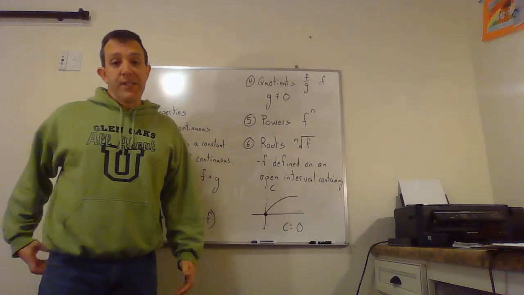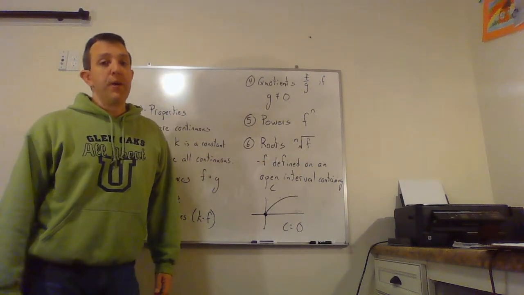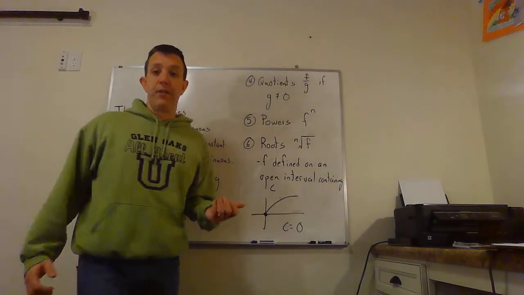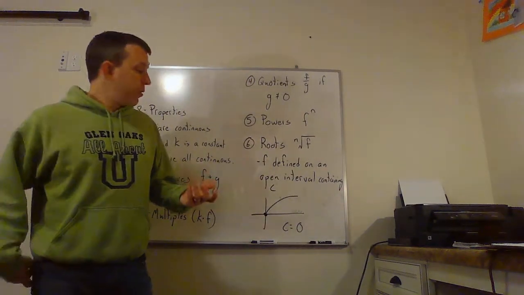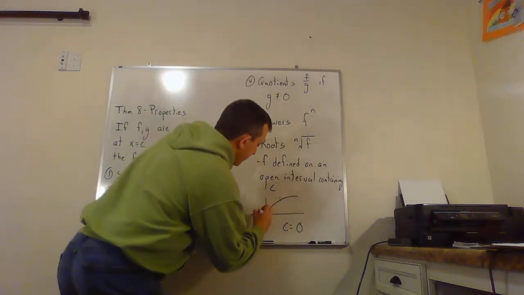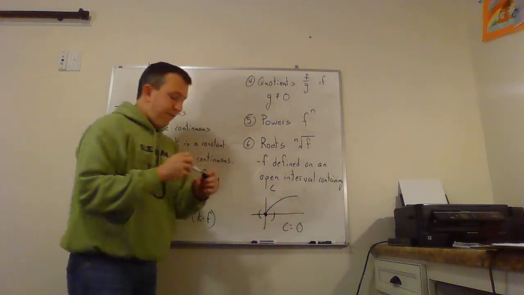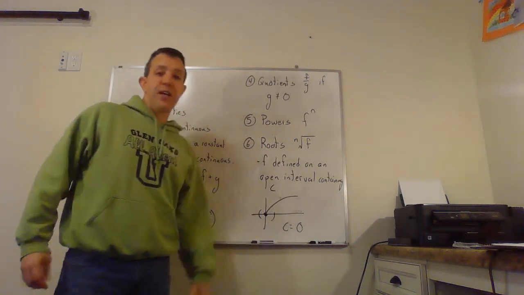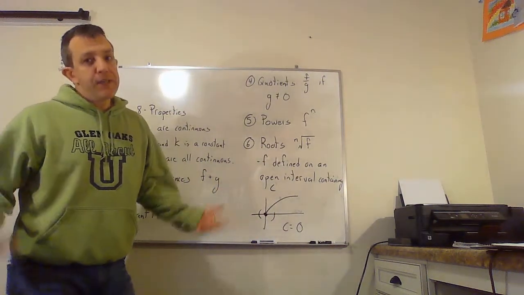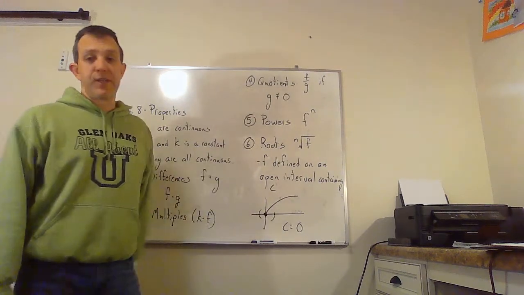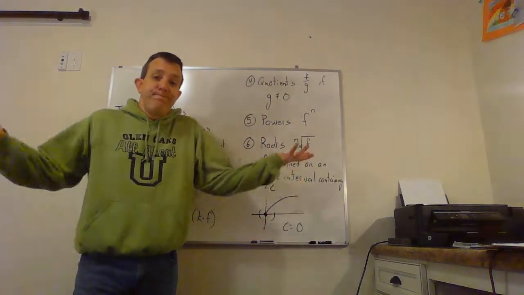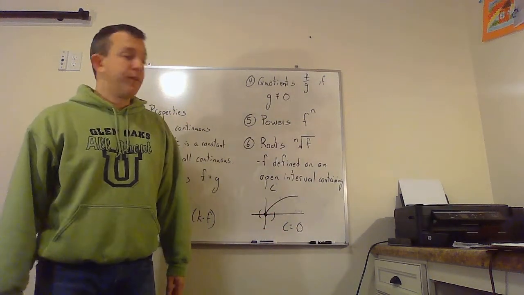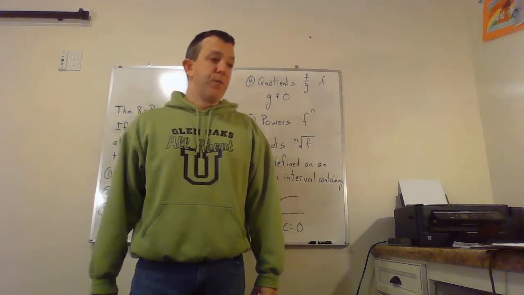It would be right continuous at c equals 0, but it's not going to be continuous at c equals 0 because there's nothing over here on the left. So we can't find an open interval around there where the function is defined. Any open interval we try to put around c equals 0, half of it is going to be undefined. And so you can't have continuity there. Certainly we have right continuity, but we don't have full continuity. So there we go.